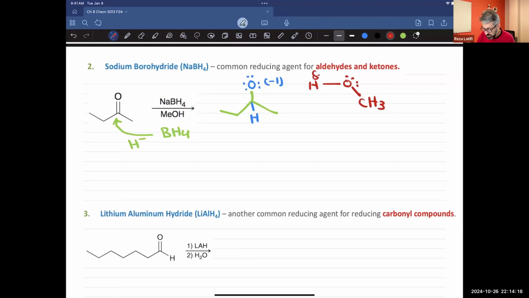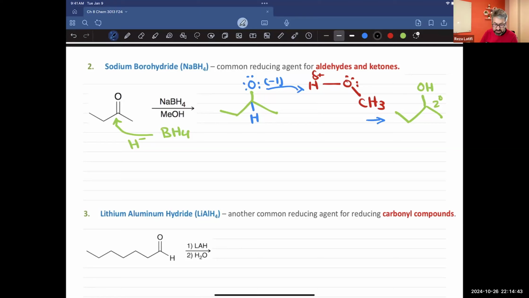This one has partial positive charges. So solvent will go after that H, and it will turn to such a product. Okay. So the carbonyl group turned to alcohol because it's a ketone. Again, we get a secondary alcohol.